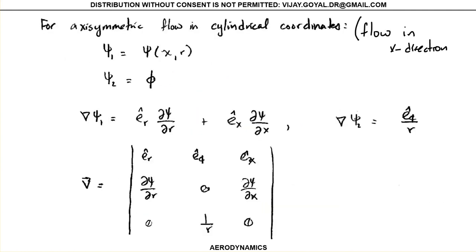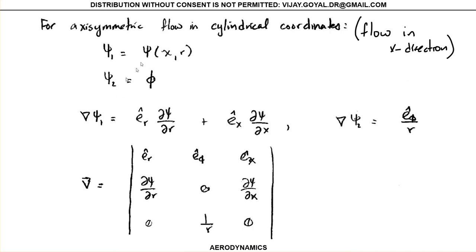Okay, so now for the axisymmetric flow in cylindrical coordinates, let's assume that we're working in the x direction. I will tell you what equations change later. If I'm flowing in the x direction and it's axisymmetric flow, then one of my stream functions immediately is going to be phi.